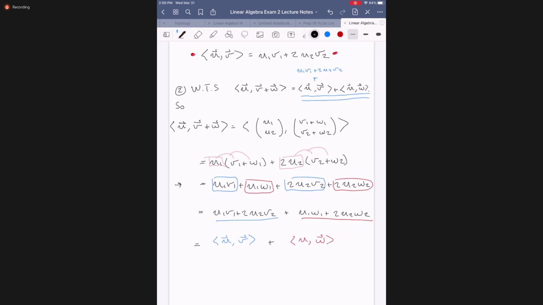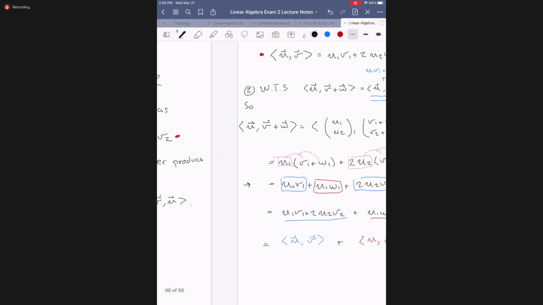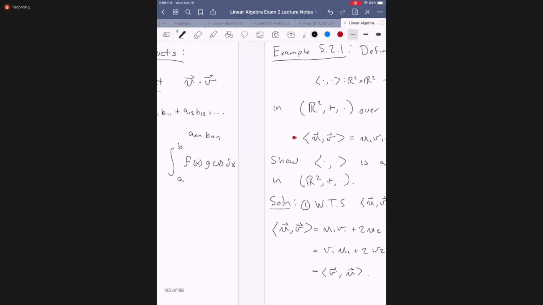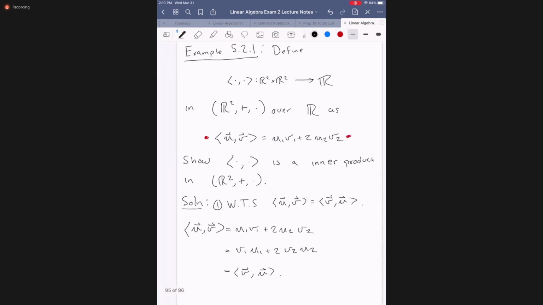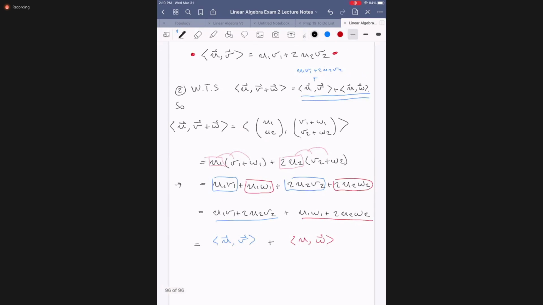Okay. What about the next one? Well, now we have to show that this is true for C, a scalar. So we just need to show that it goes in the first component. So number 3.